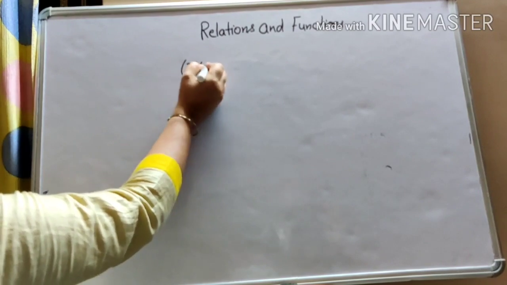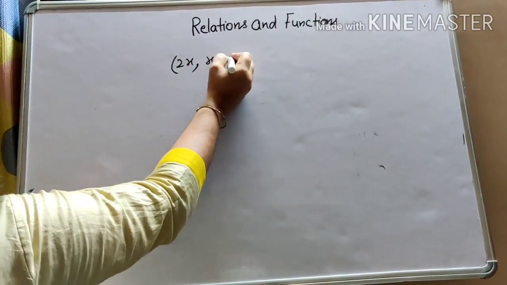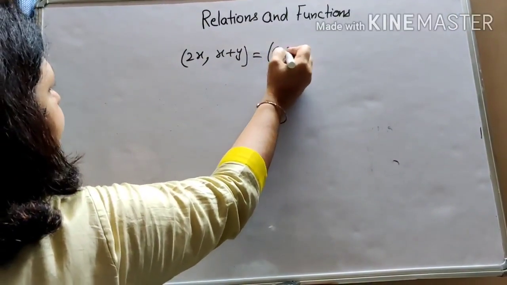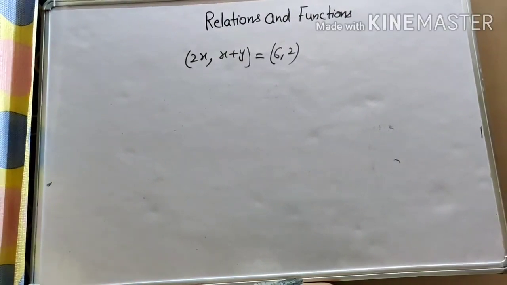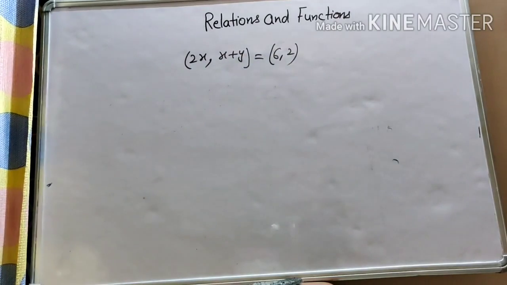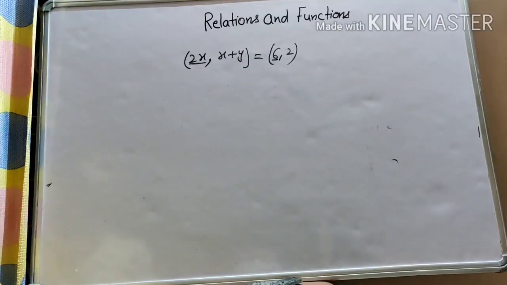Now, suppose we have the ordered pair (2x, x + y) equal to (6, 2), and we have to find the values of x and y. As we know, two ordered pairs are equal only if the first element is equal to the first.